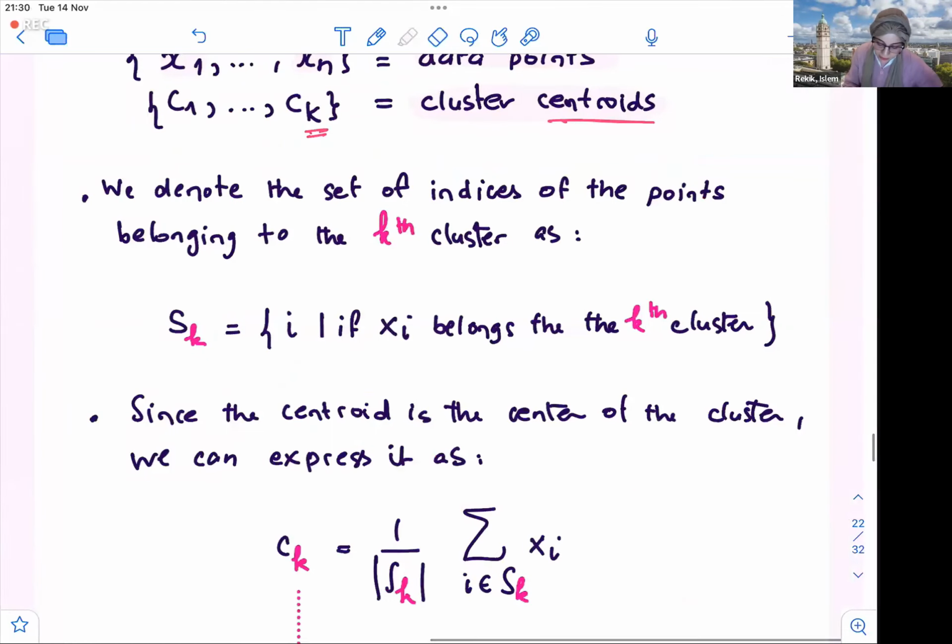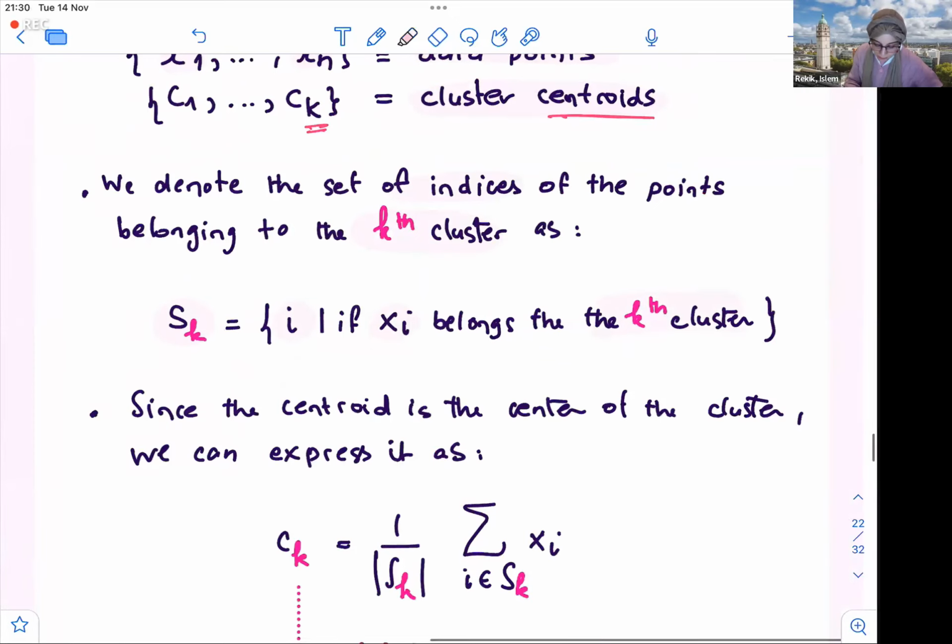So just a kind reminder here. We denote the set of indices of the points belonging to the kth cluster as Sk. Okay, so Sk saves all the indices of points xi if they belong to the cluster K. Very simple.